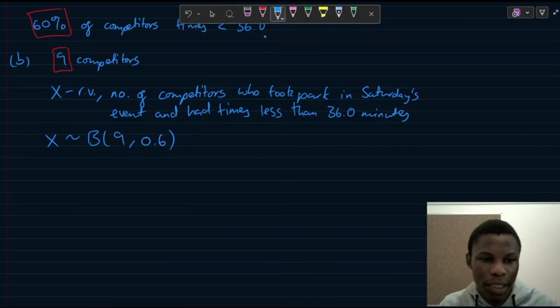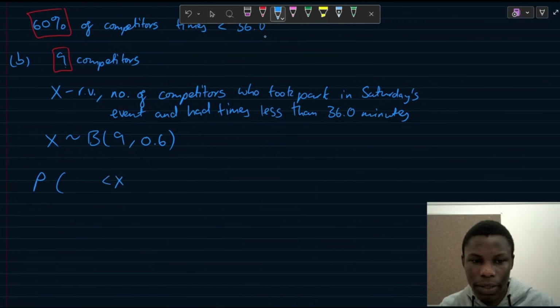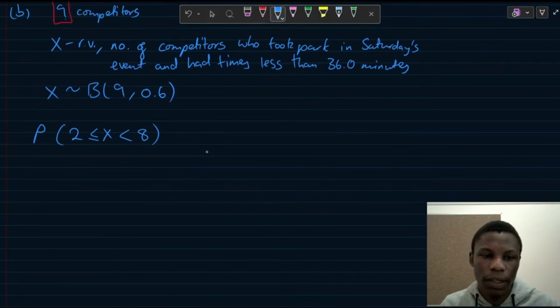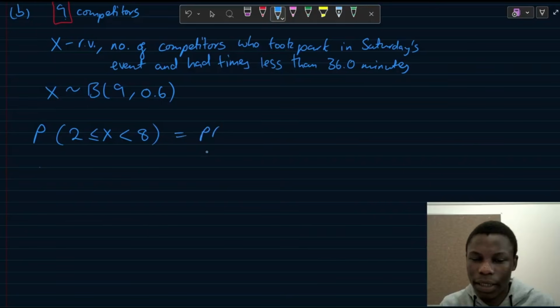So the question wants the probability that we have at least, so greater or equal to 2 and fewer than 8. In fact, I'm going to rewrite this as, if we say at least 2 and fewer than 8, we're looking at X is 2, 3, 4, 5, 6, and 7.